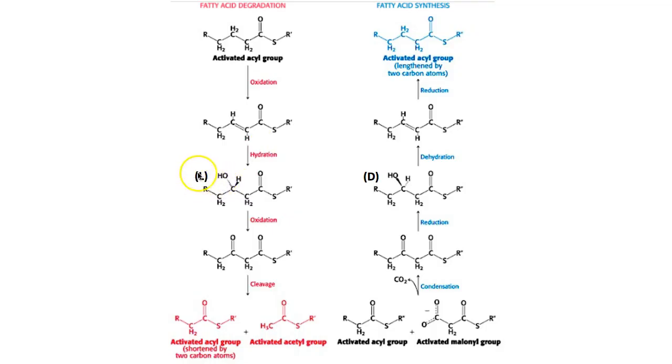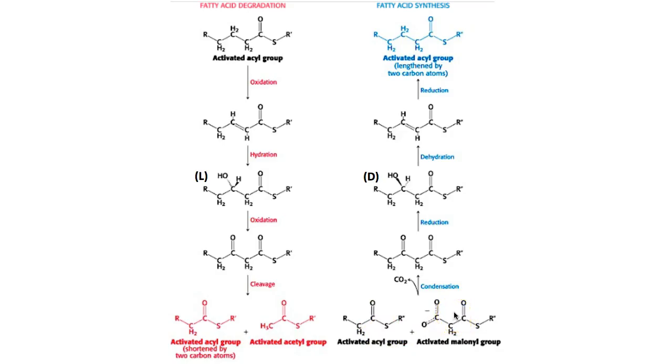Remember, this is a stereospecific type of enzymatic activity, and it produces that hydroxyl group and then gets oxidized again to form that carbonyl, and then you have your cleavage that happens right here to have that activated acetyl group. And so remember, it goes in the reverse.